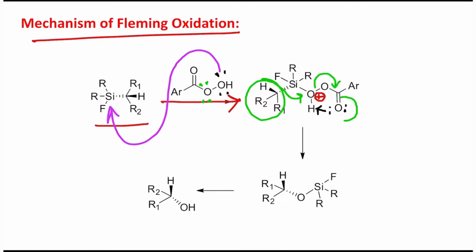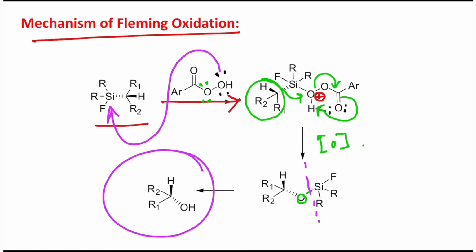So this bond opens and it abstracts this proton. So this is the overall mechanism, and in this way we get the oxygen-silicon bond. So this is the oxidation state, and then workup will result in this final alcohol. So this is the mechanism of Fleming oxidation.